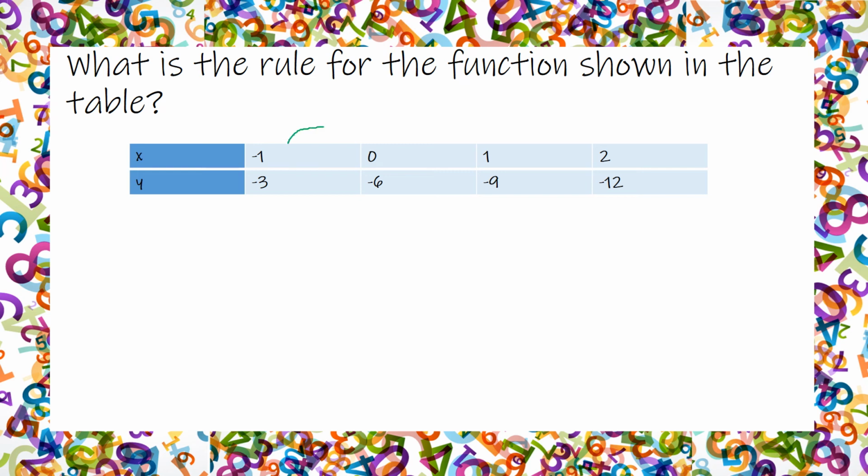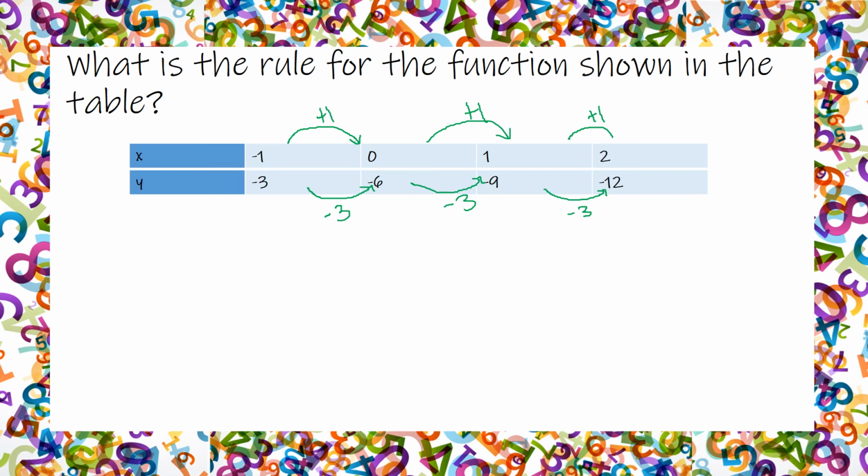So I'm going to look and I'm going to see, okay, the change in x's, it's adding 1, adding 1, adding 1. The y's are subtracting 3, subtracting 3, and subtracting 3.